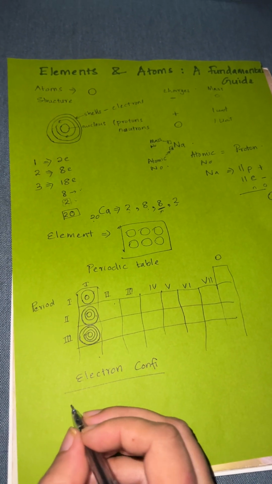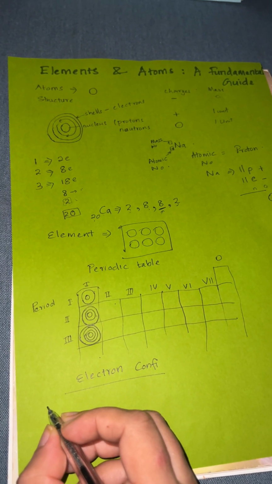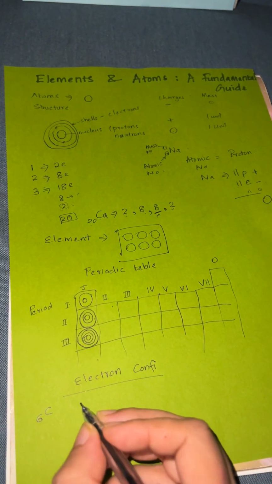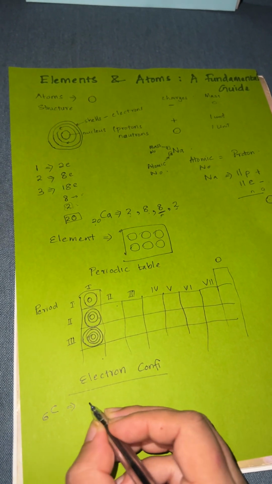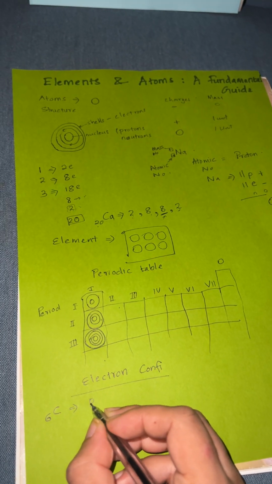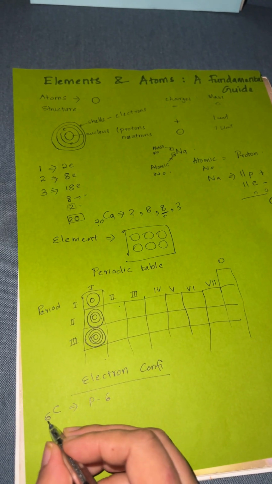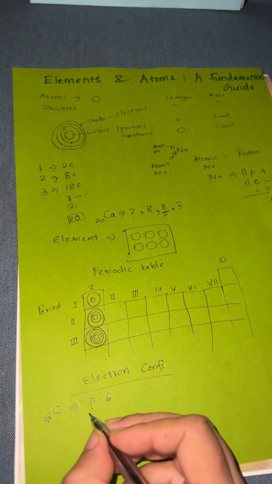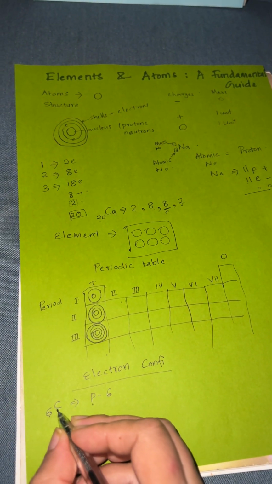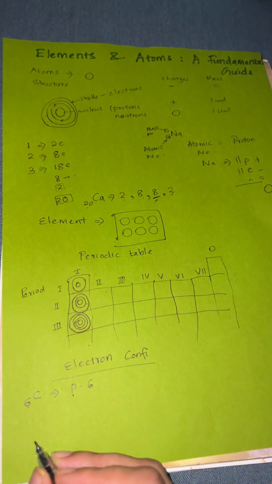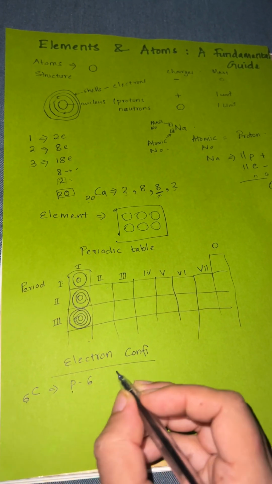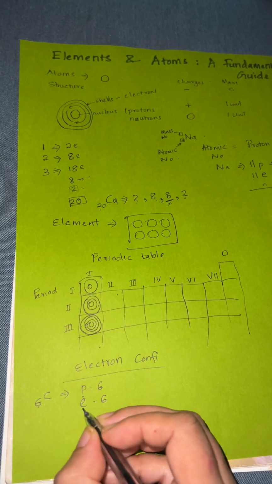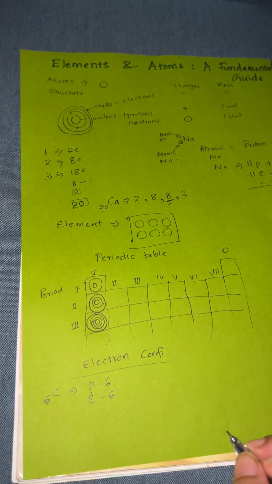For example, carbon has atomic number 6, so the number of protons in carbon is 6. Atomic number is equal to the number of protons. An atom is always found as neutral, so it has 6 positive and 6 negative, meaning 6 electrons. That's why it can be neutral.